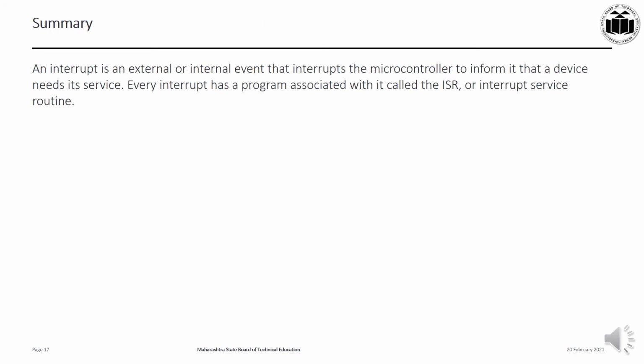So we have learned that an interrupt is an external or internal event that interrupts the microcontroller to inform it that a device needs its service. Every interrupt has a program associated with it called an interrupt service routine.